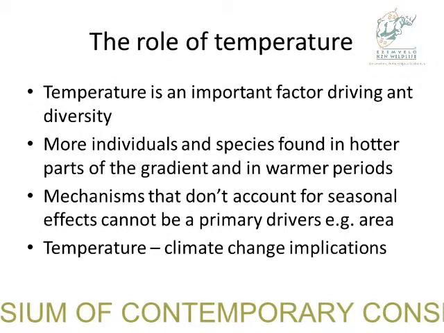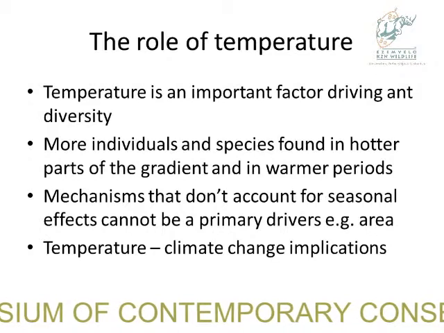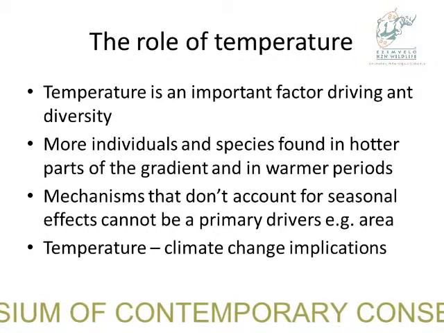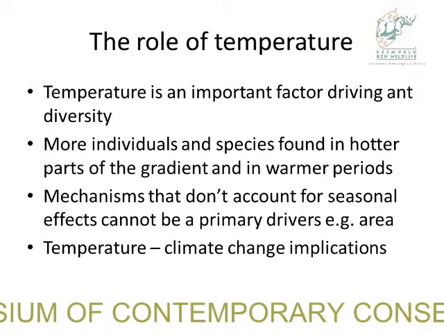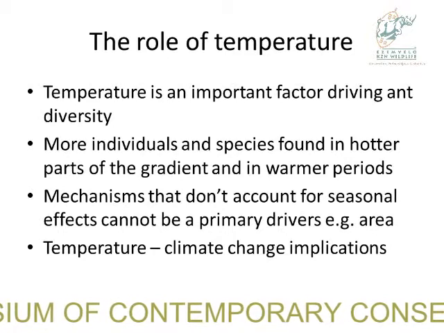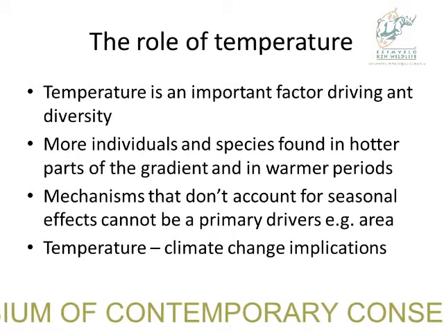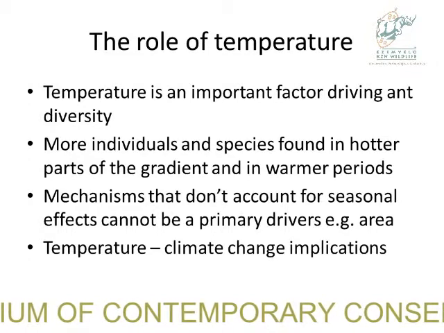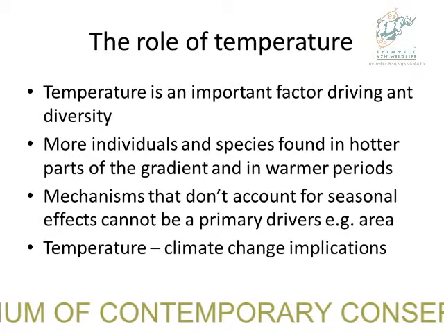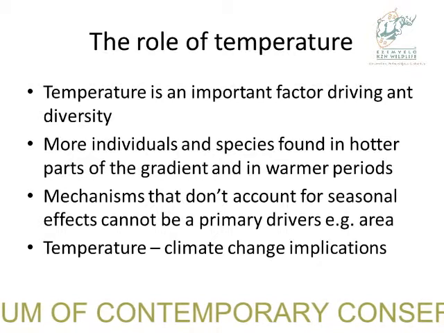So if we look at the role of temperature, temperature is an important factor driving ant diversity. We find more individuals and more species in hotter parts of the gradient and during warmer periods. So temperature seems to be an important factor driving the diversity patterns.